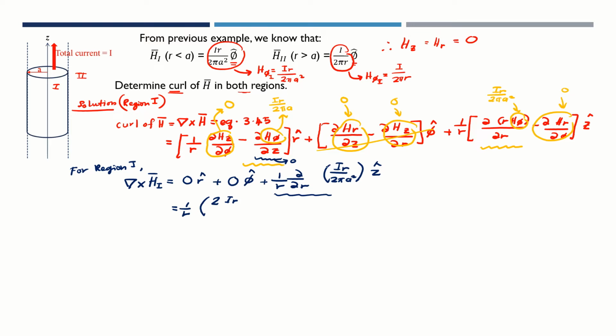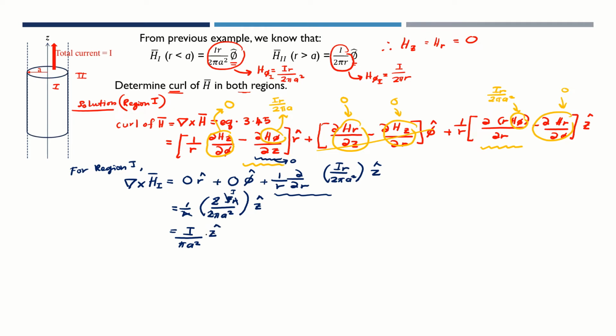So we bring 2 in front here: 2Ir over 2 pi a squared, in the z direction. This I will remain, this r and this r will cancel each other, this 2 and this 2 will cancel each other, so it will leave behind only I over pi a squared in the z direction.